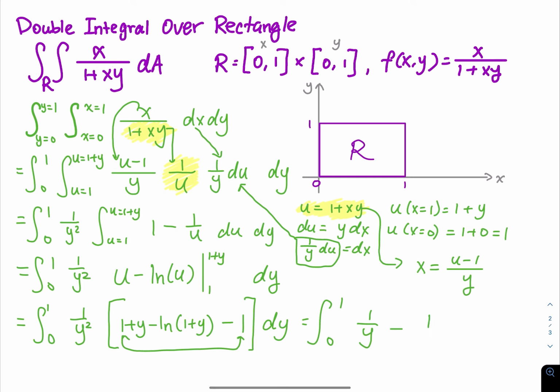You know what? 1 over y squared, and then we will have a ln 1 plus y, and then a dy. So that brings me to another by parts.